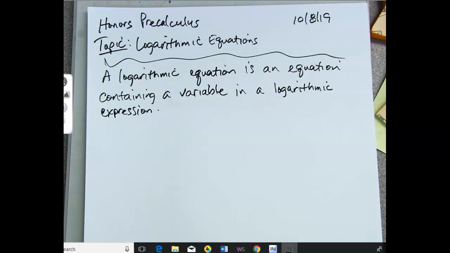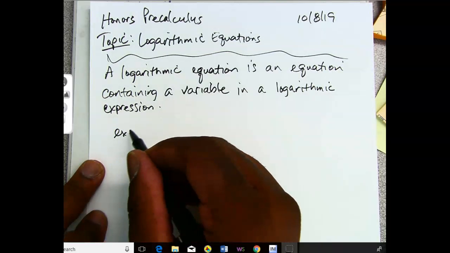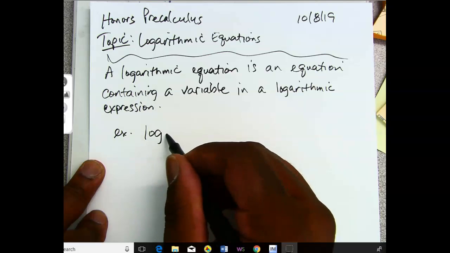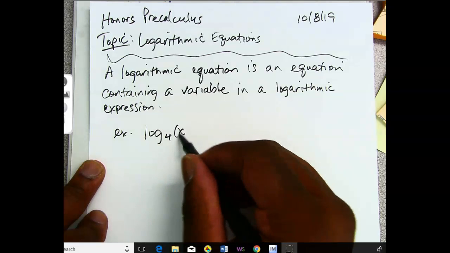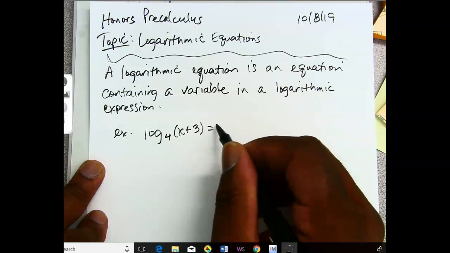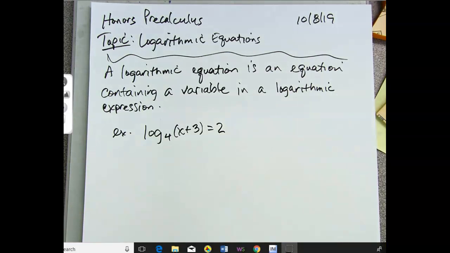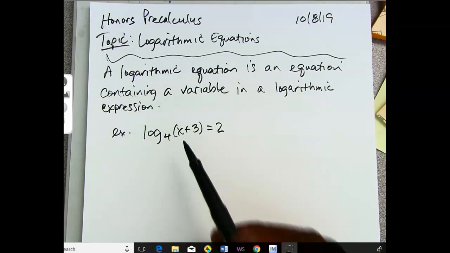So not only does it have to contain a log, but it has to contain a log with a variable. So for example, log base 4 of x plus 3 is equal to, this would be a logarithmic equation because you have a variable there.